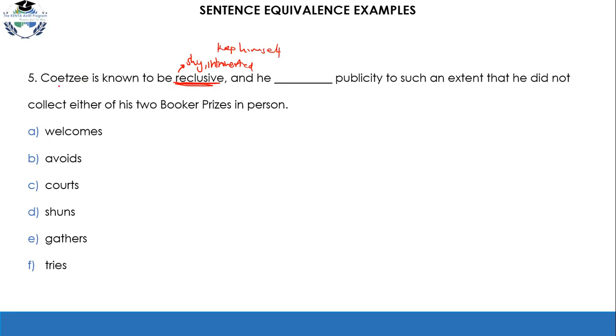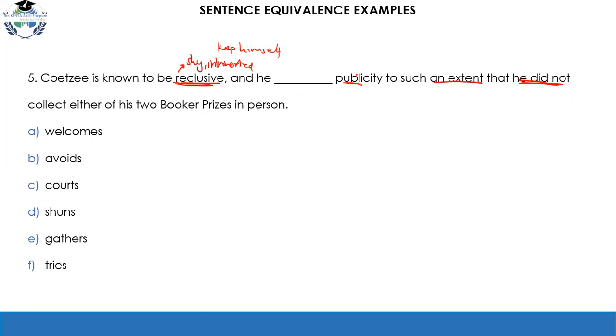So Coetzee is known to be reclusive, and he blanked publicity to such an extent that he did not collect either of his two Booker prizes in person.